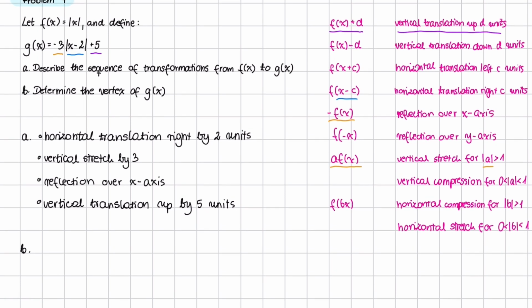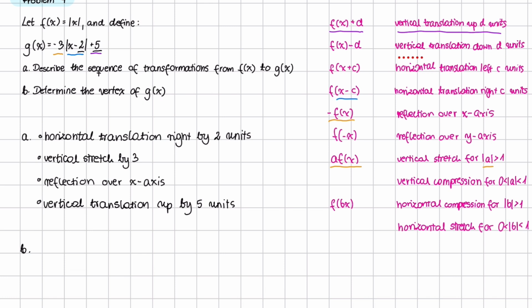So you can observe that our function g is in vertex form. So here we have 2 and here we have 5.